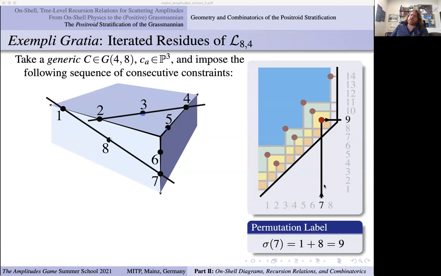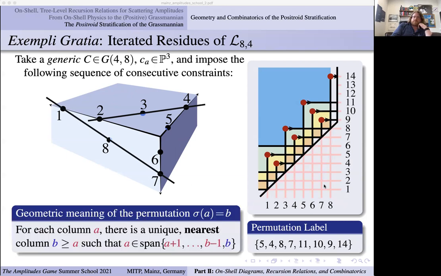Also notice this decoration business is actually distinct here. It means something different for something to go to itself, which is that the rank of the column is 0, versus going to itself plus n, which is slightly different. And so the geometric meaning of this permutation is very easy to define.